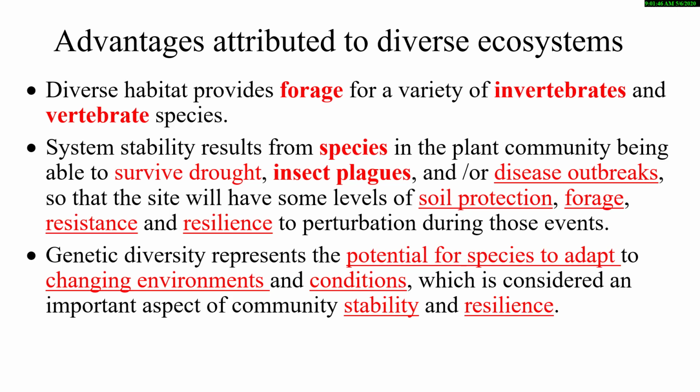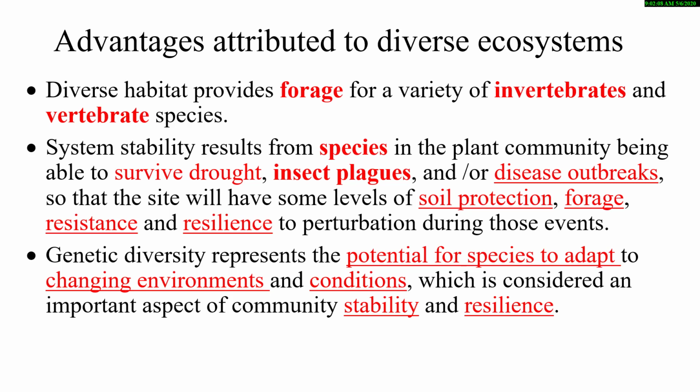And as a result, such a system ensures soil protection. It gives the system a lot of food in terms of forage. Such a system is more resilient to environmental perturbations.